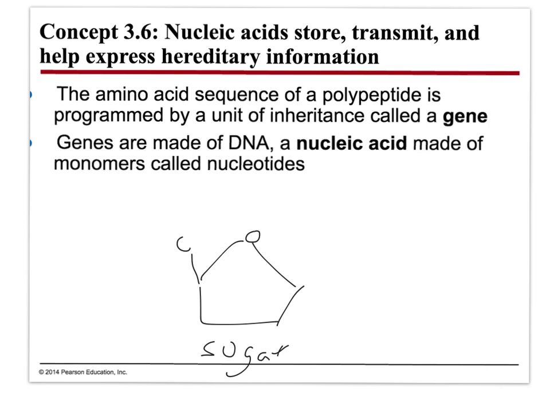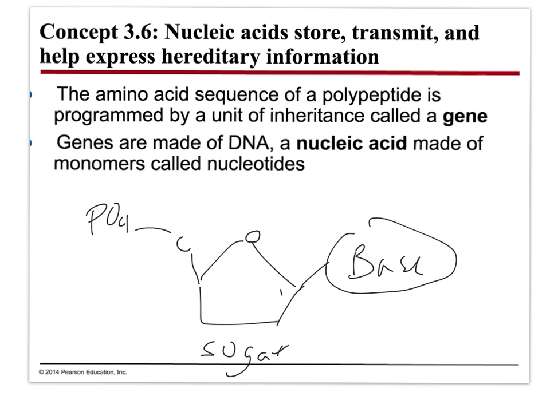Off of this first position, they have some type of base, a nitrogenous base. And then off of this last carbon, they have a phosphate group. Phosphate, sugar, base. 1, 2, 3. Three parts to a nucleotide: phosphate, sugar, base.